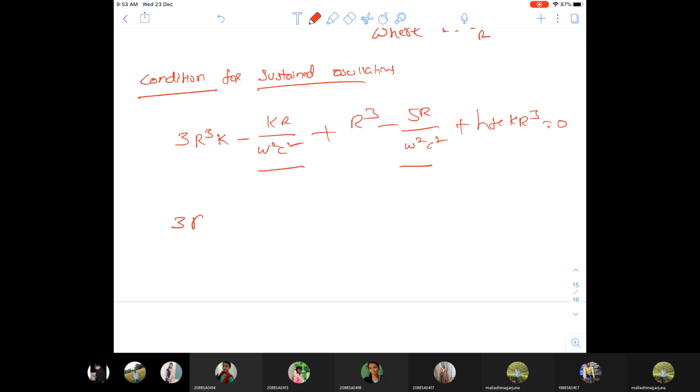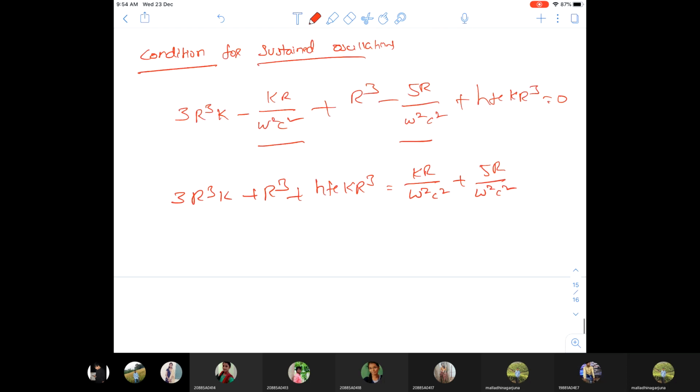So 3r cube k plus r cube plus hfe kr cube equal to, let us write like kr by omega square c square plus phi r by omega square c square.